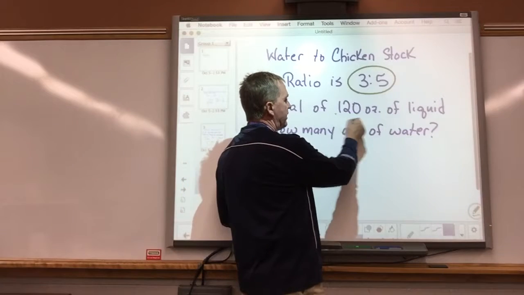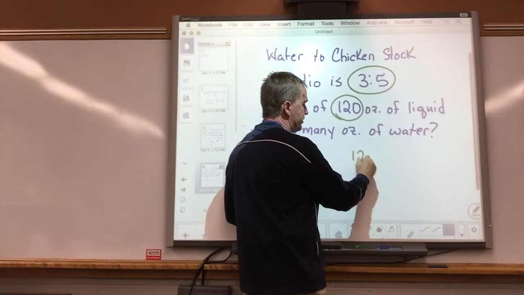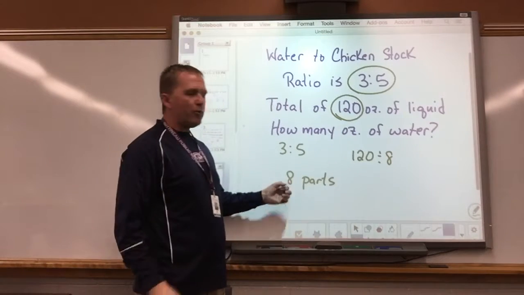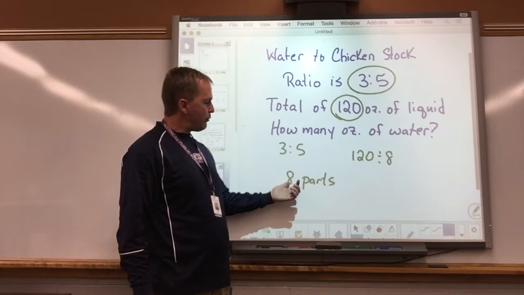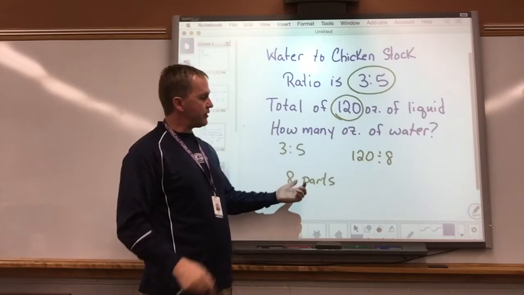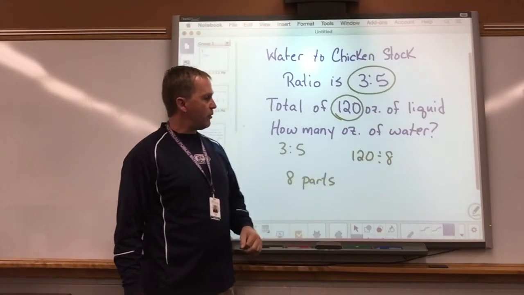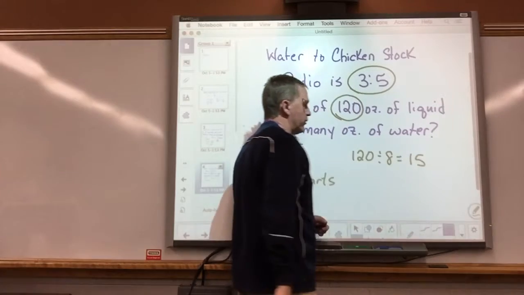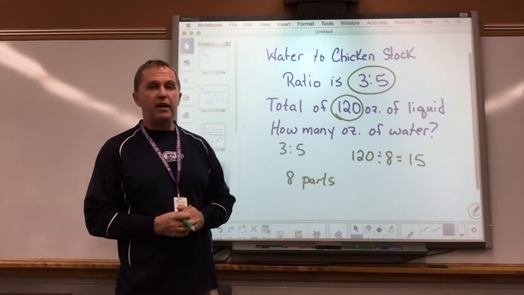At this point, it would be a good idea to take our total number of ounces and divide by 8. I want to know how big one part is. If there's a total of 8 parts in this liquid composition, I want to divide 120 by 8, and that should turn out to be 15.